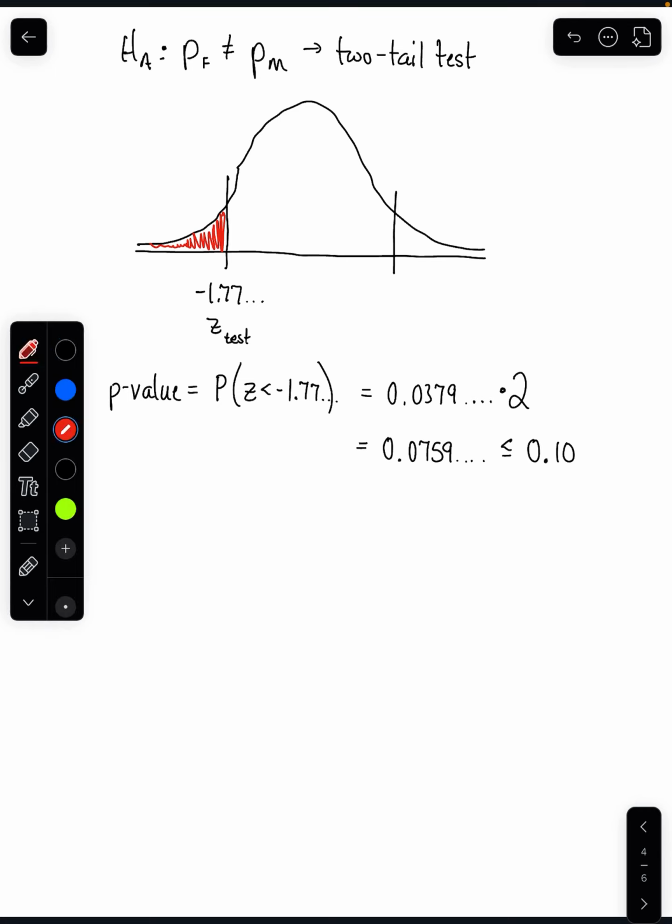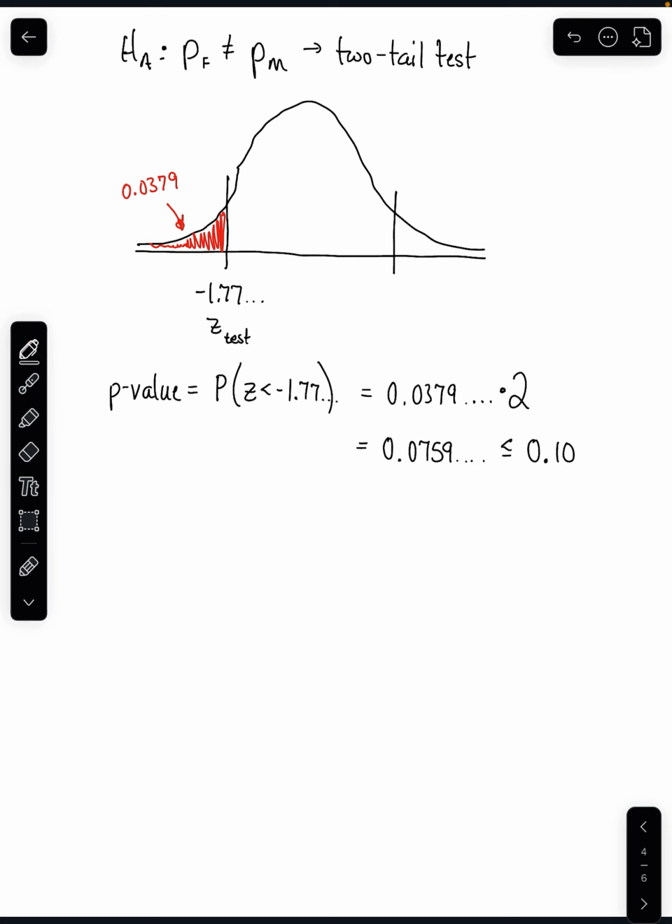So our area in the one tail is 0.0379. That is half of our p-value. In any case, though, even doubled, this is still smaller than our value of alpha.